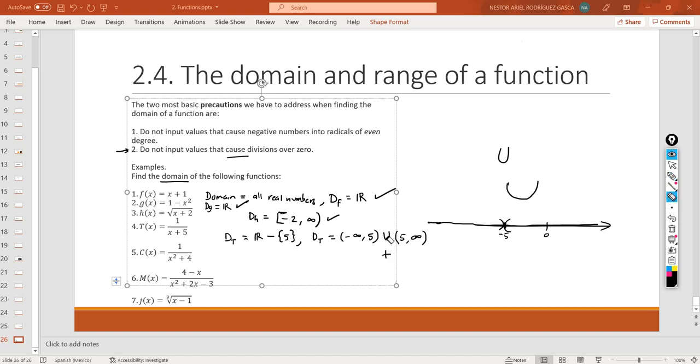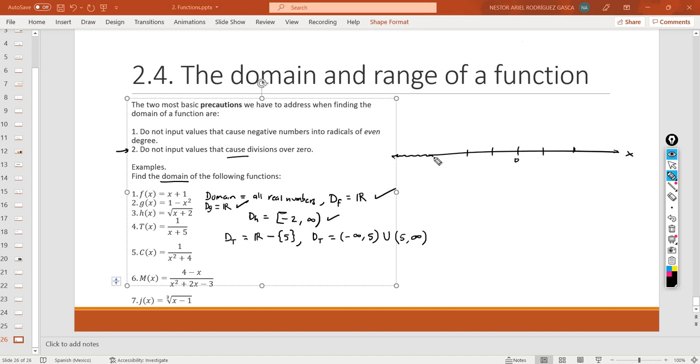Let me give another example of how to use this symbol. What if you have this? This is the real line. This is 0, -1, -2, 1, 2. And you want to talk about this: the interval from minus infinity up until minus 1, including. How can I represent this in symbology?